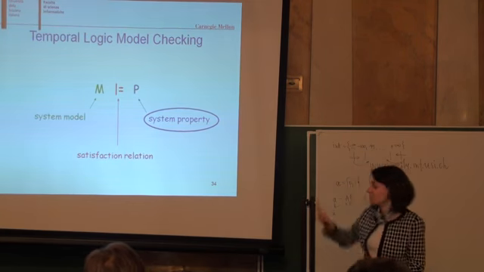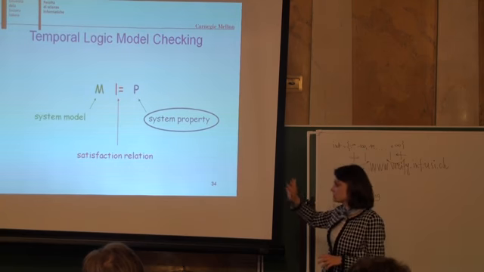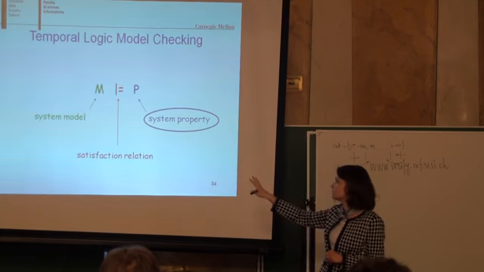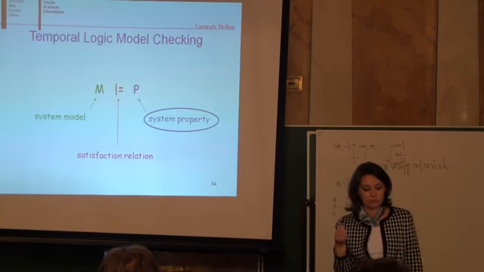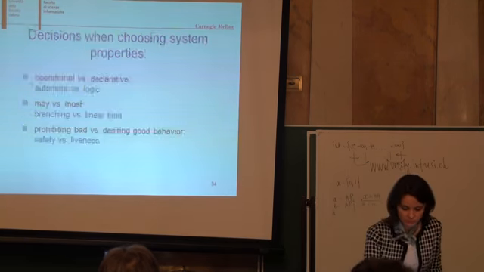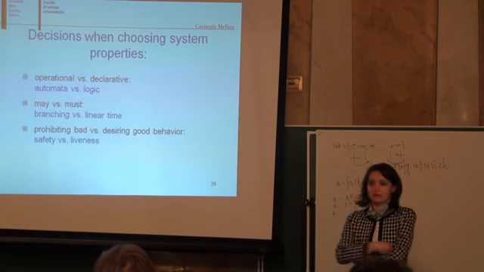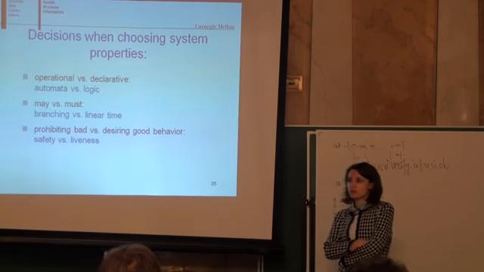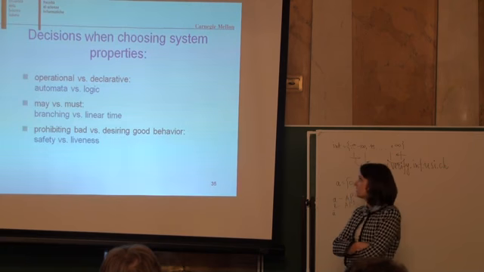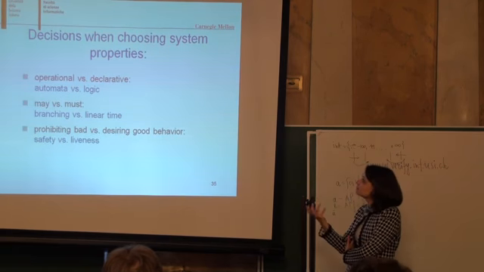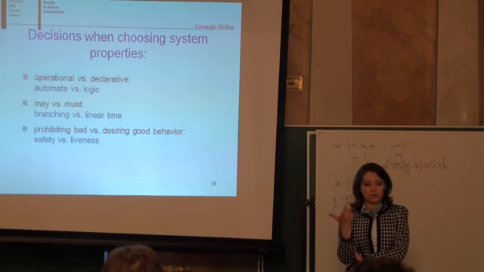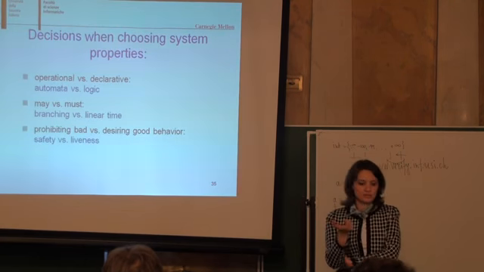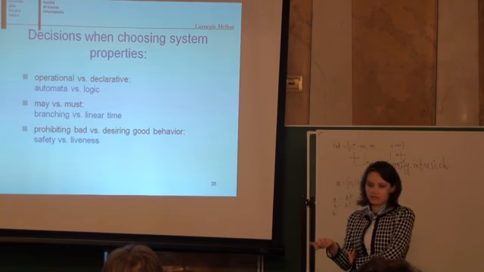And look at the other part, which supposedly is orthogonal to the system model, the part of formally specifying system specifications. And again, I need to think about what type of question I am asking, what exactly I am making up whenever I'm specifying a system. So, do I create a property which is operational or declarative?